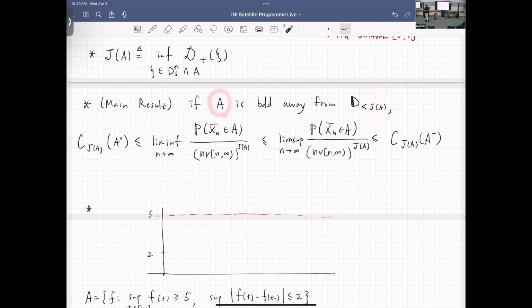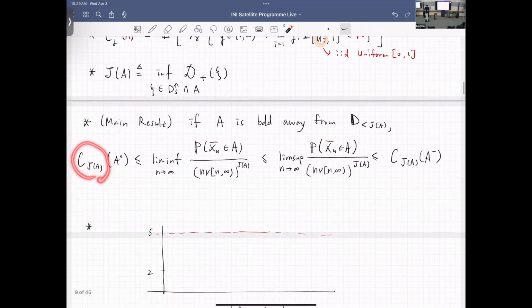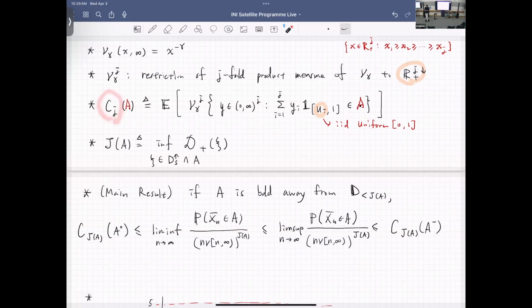So set A is bounded away from it. Then this asymptotic form holds, where C of J is this, with J replaced with J of A. The closure and interior limits are bounded by these, and the normalizing sequence is this.